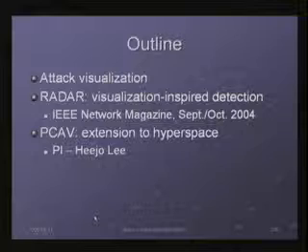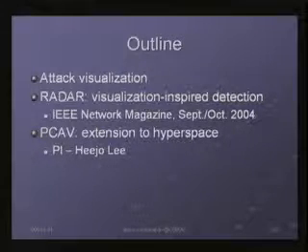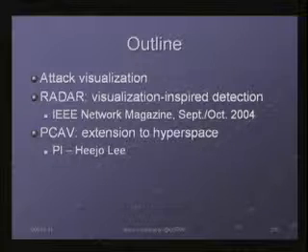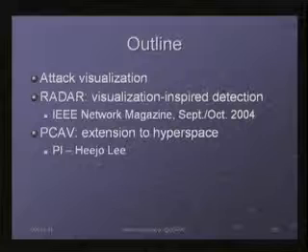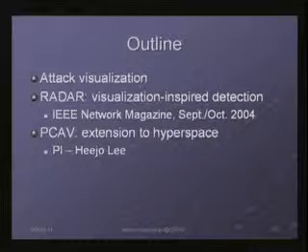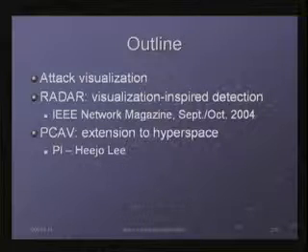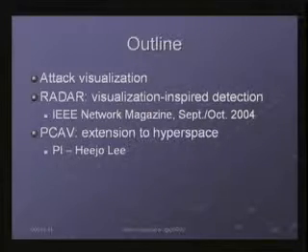So the outline of the talk is this. It's a three-part talk. In the first part, we'll talk about literally visualizing the attacks. The second part is more algorithmic, more automatic stuff that extracts the attacks and sort of classifies them and, if possible, calibrates them, measuring the intensity of the attacks.